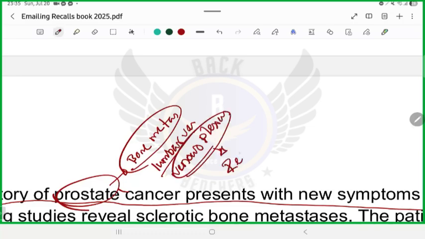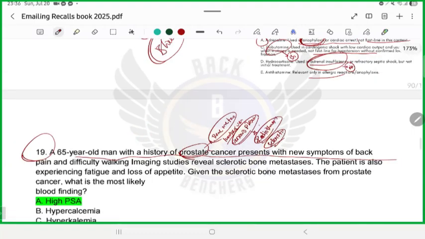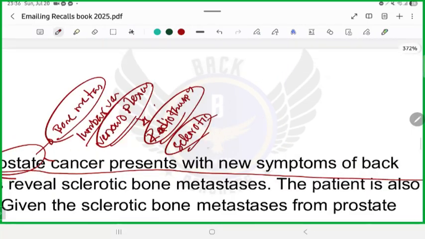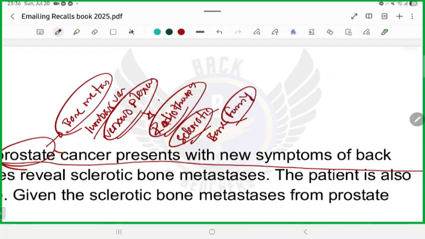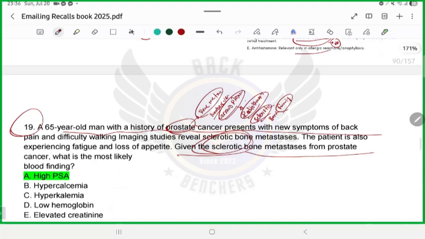So the best thing to do is give radiotherapy, and the metastasis type is sclerotic metastasis. Sclerotic means bone forming metastasis.